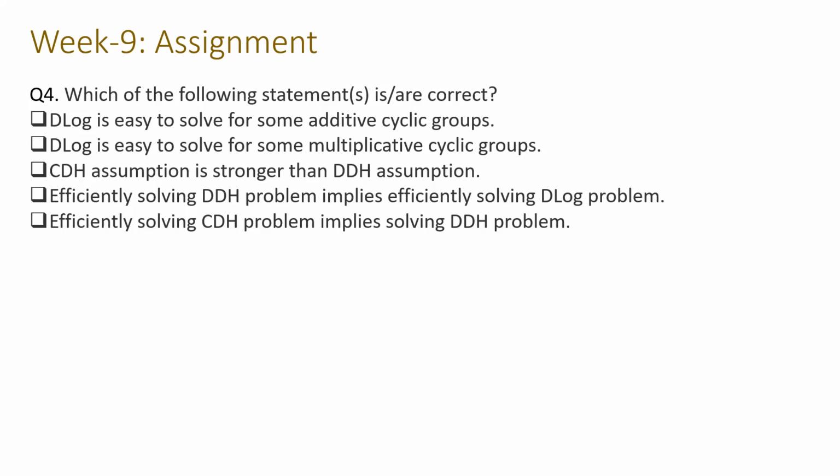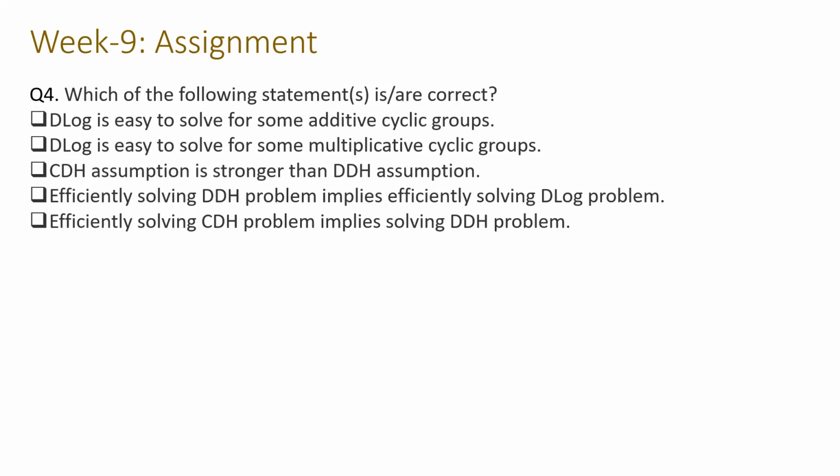So usually you choose a prime order subgroup of some Zp star, right? Where the order of the subgroup will be q, where q is prime. In that case also, if you choose smaller values of the parameters p and q, then it is vulnerable to attack.